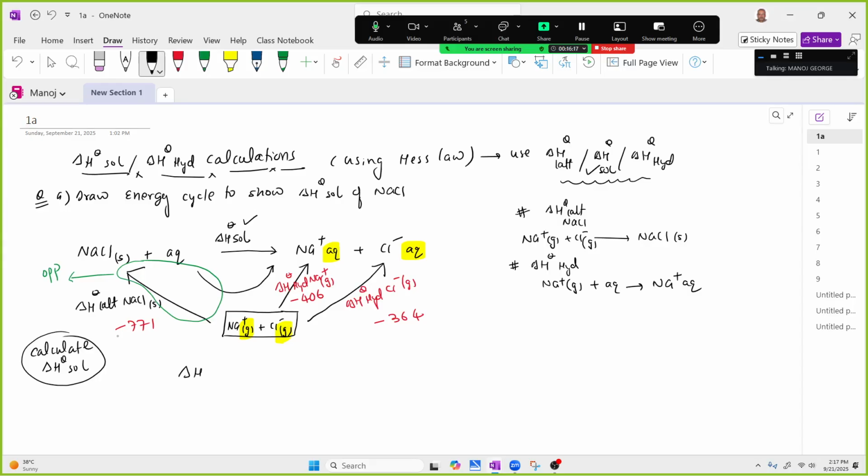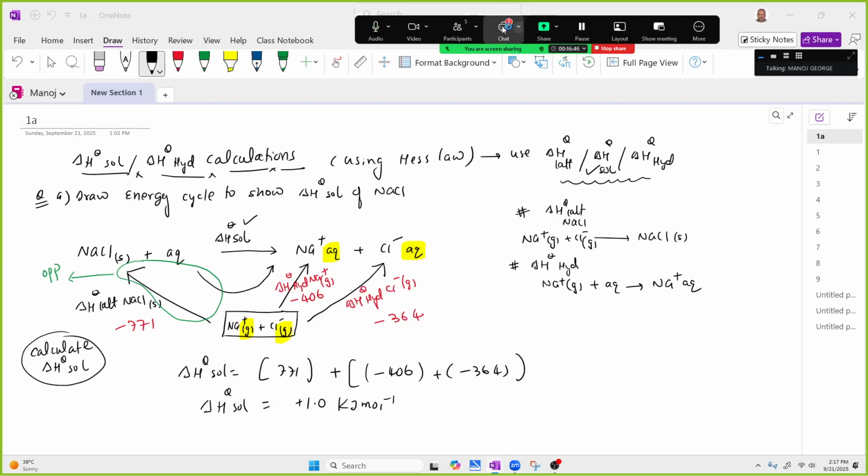So delta H solution equals -771 will become +771, plus, here the arrow directions are the same, so it stays as it is: -406 plus -364. Someone calculate and tell me the final answer. Are you getting plus 1.0 kilojoules per mole?